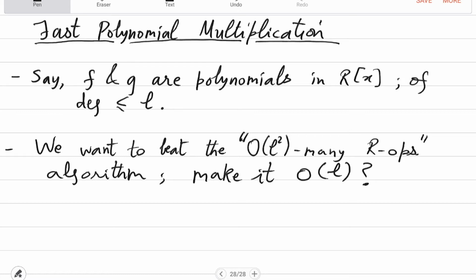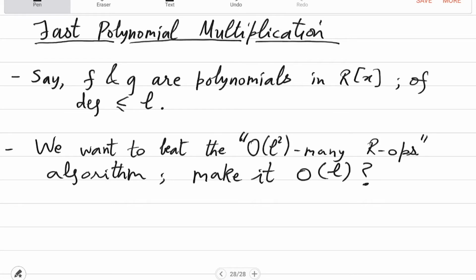Instead, you can look at a different representation, which is in terms of the values of F. So you compute F at some points, so you get some evaluations, and same with G. And then you multiply these evaluations. So you use the property that evaluation is a homomorphism. So when you multiply F alpha with G alpha, that is also the value of FG at alpha.